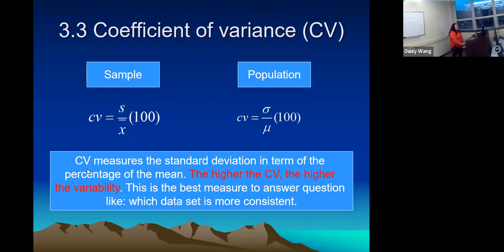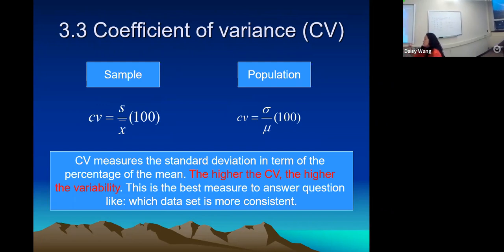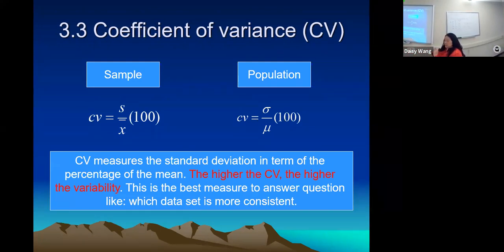And then after we calculate the standard deviation, S or sigma, and then S divided by the X bar. So when we calculate the standard deviation, we know how dispersed our data is.